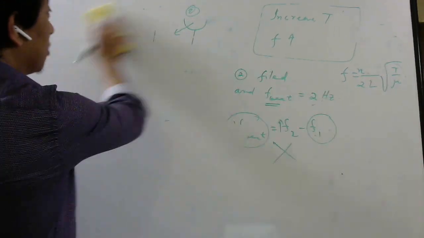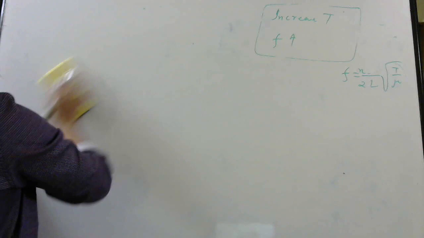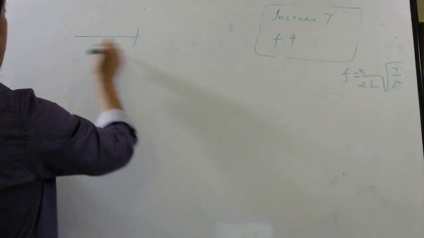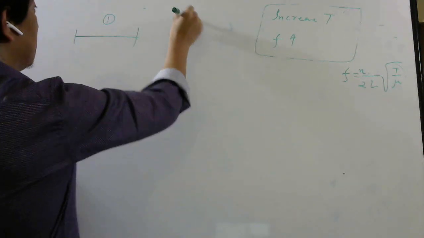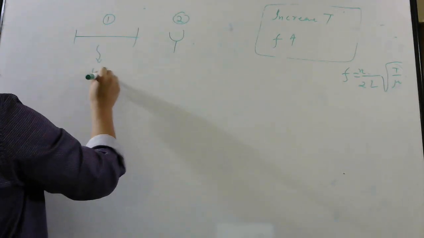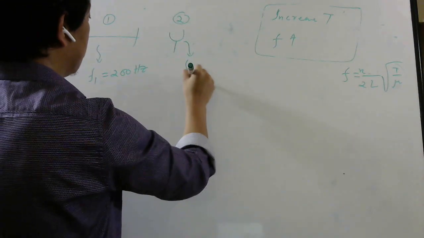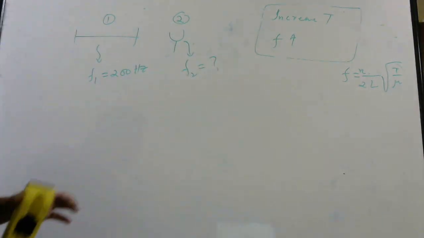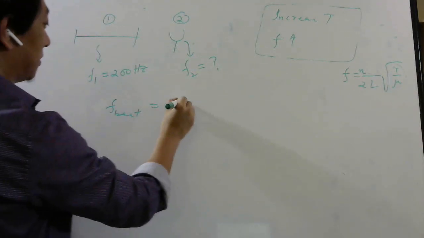One very interesting problem is there based on this. Let's say you have a string and you have a tuning fork. This is system 1, system 2. This produces frequency 200 Hertz. This is unknown. And right now beat frequency is 6 Hertz.